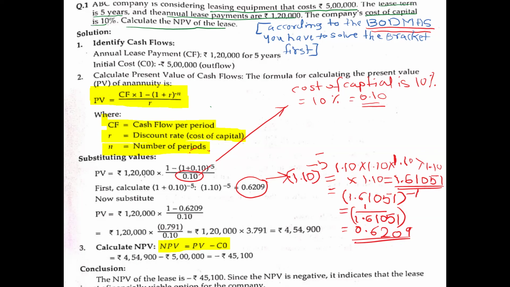The formula for calculating the present value is PV = CF × [1 − (1 + R)^(−N)] / R, where CF is the cash flow per period, R is the discount rate or cost of capital, and N is the number of periods.